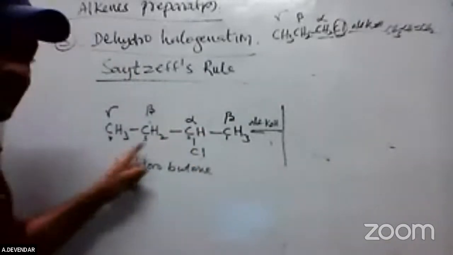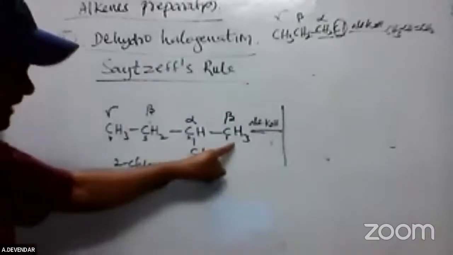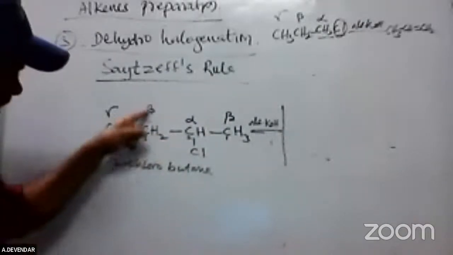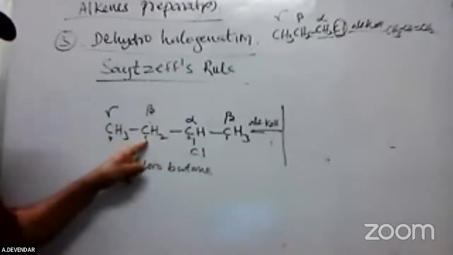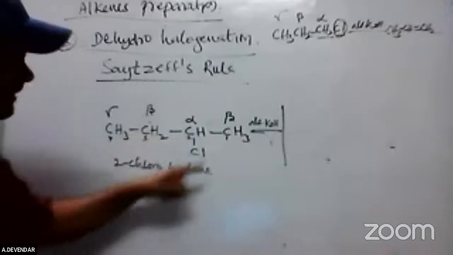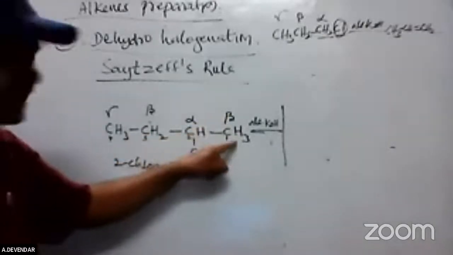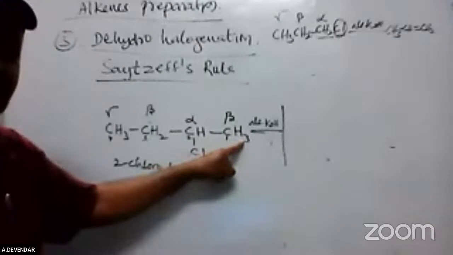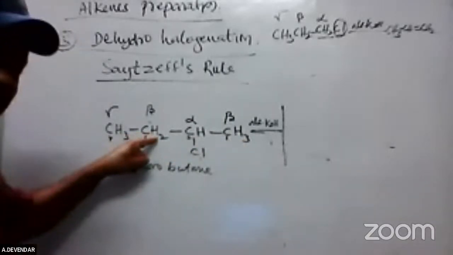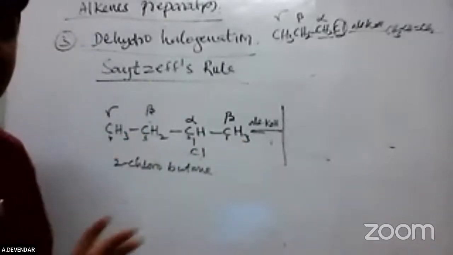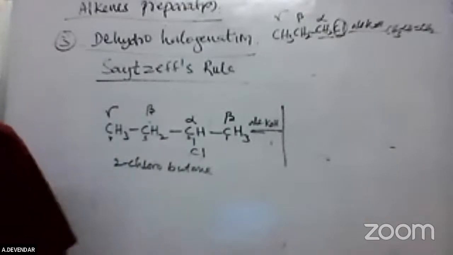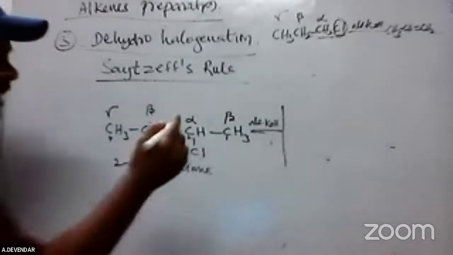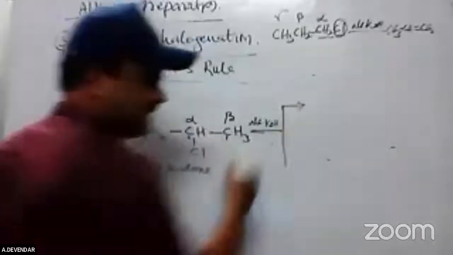Which beta carbon has the least? This beta carbon, the third carbon, has 2 hydrogens. The other beta carbon has 3 hydrogens, which is the most. So the one with fewer hydrogens forms the major product.